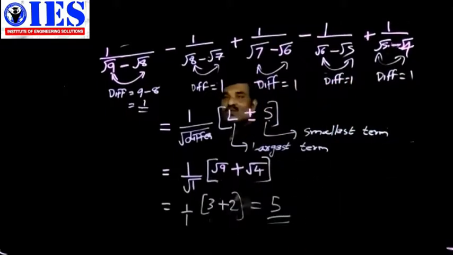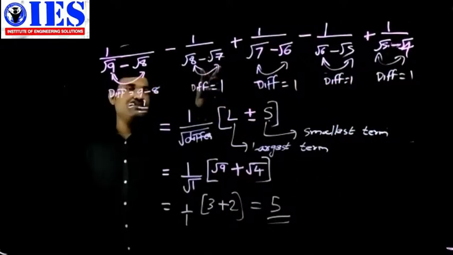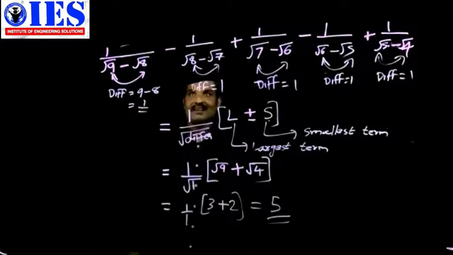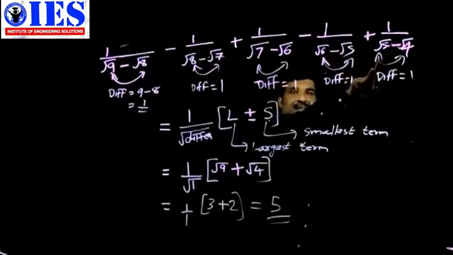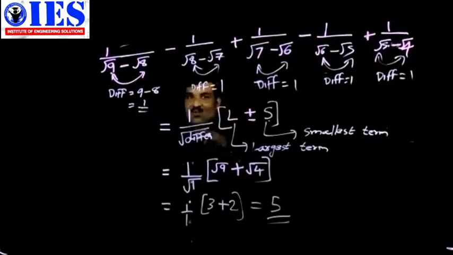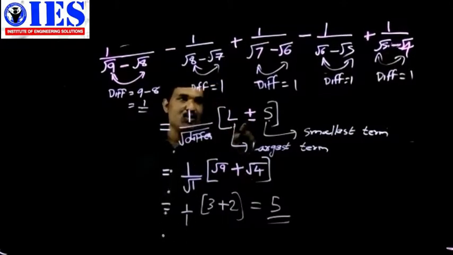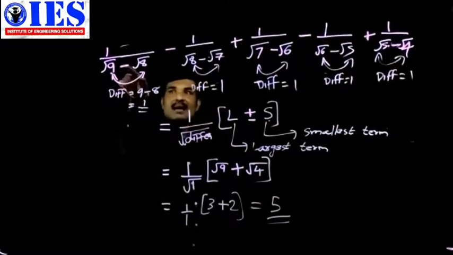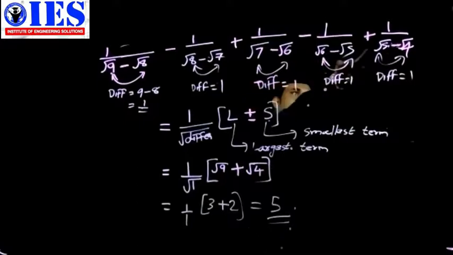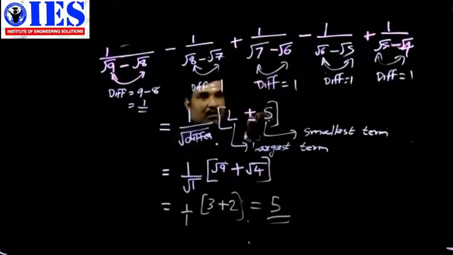Right. So we want to find the difference of these terms. That should be the same. Then we have alternate minus and plus, minus, plus, minus, plus. Then we can find the solution as 1 by square root of the difference multiplied by largest term plus or minus smallest term. If the denominators here are minus, these are all minus, minus, minus, minus, minus, then in the solution, this becomes plus.